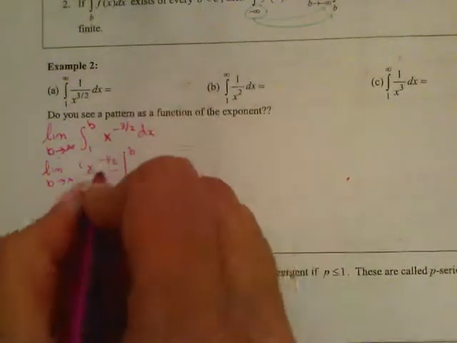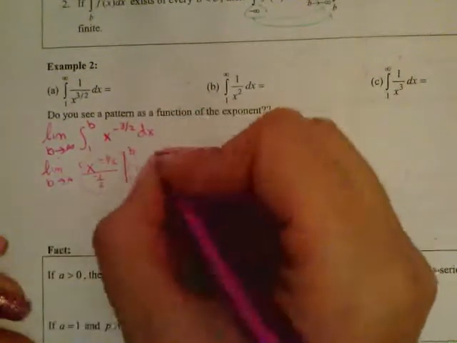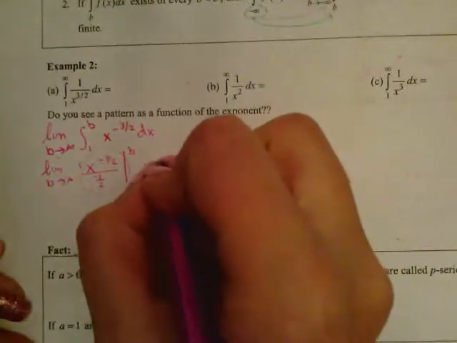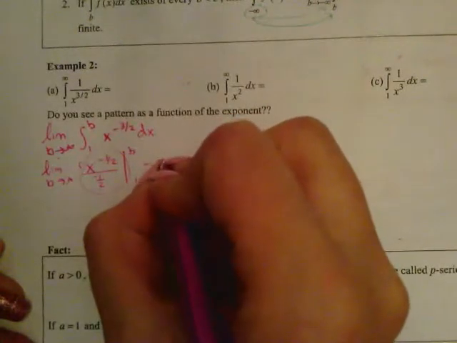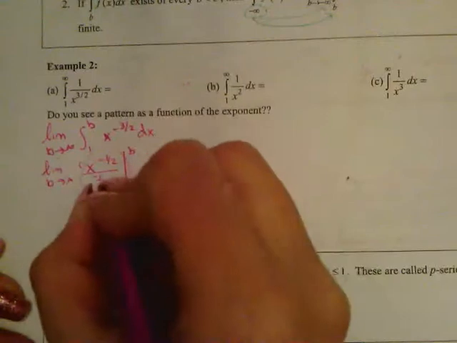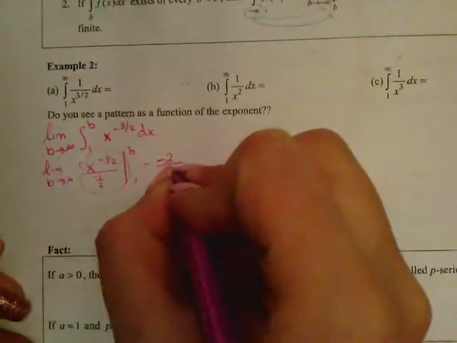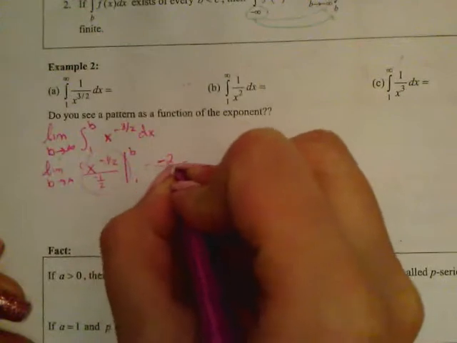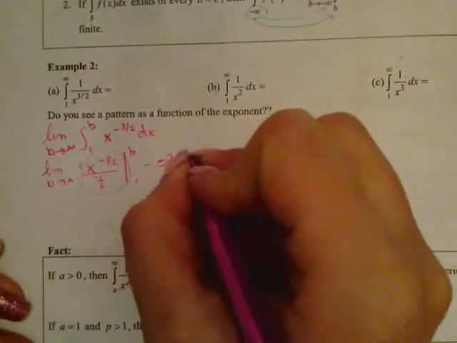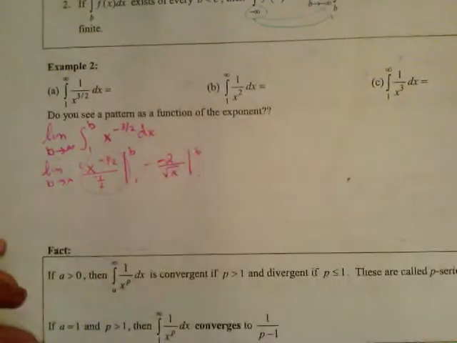Let's simplify this, and we end up with negative 2, flip the fraction and multiply, over the square root of x, from 1 to b.